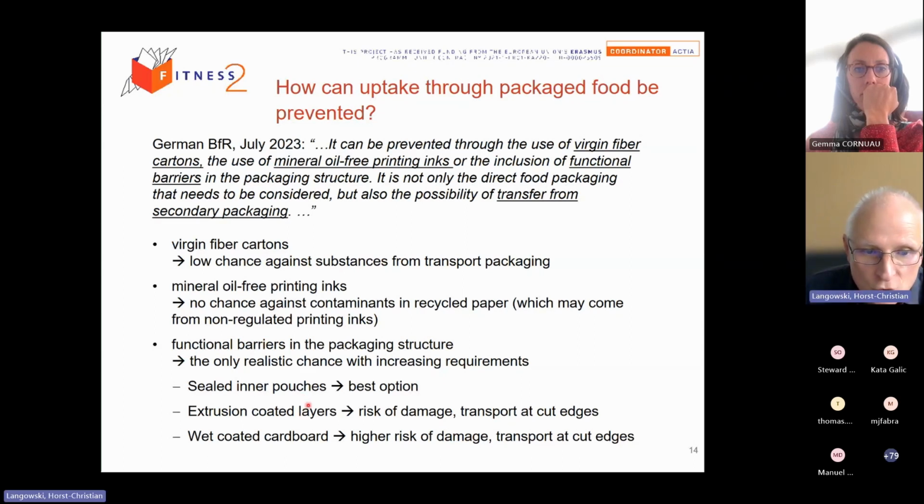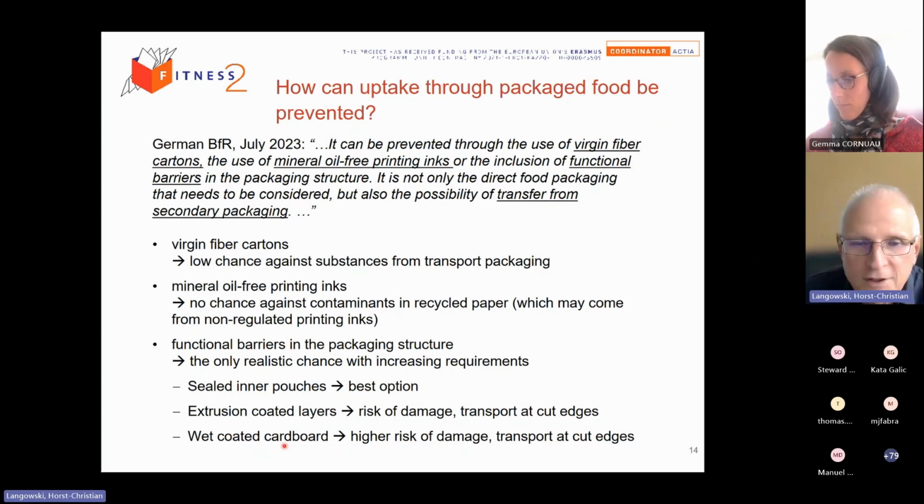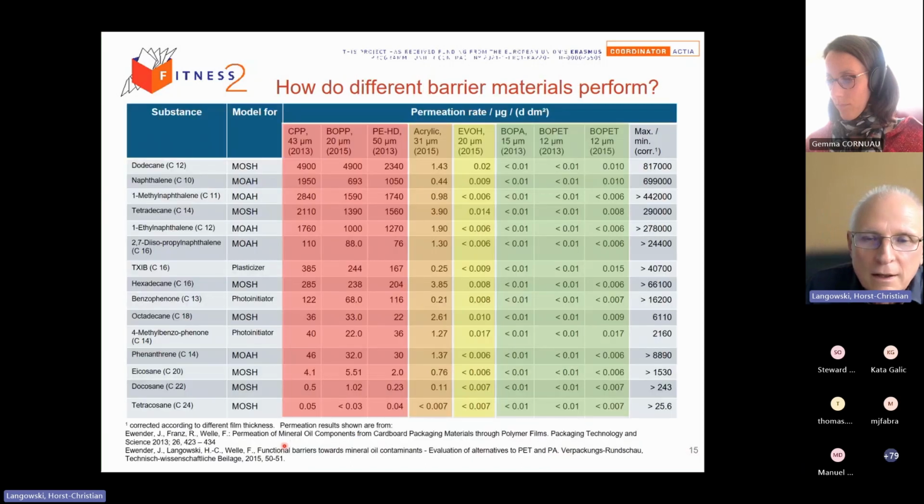You can use extrusion-coated layers or laminated layers. Laminated layers are a bit better than extrusion-coated layers, but both have risk of damage, and at the cut edges, you have a problem of transport of substances. And wet coating of cardboard can also be done, but this has an even higher risk of damage and therefore is the third in this row.